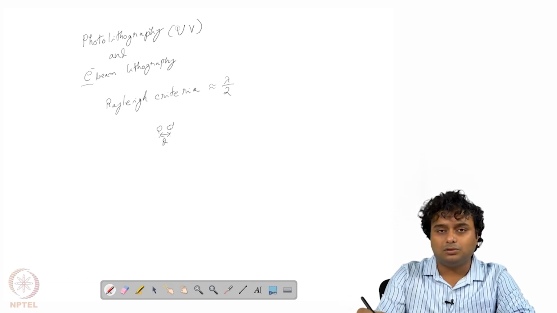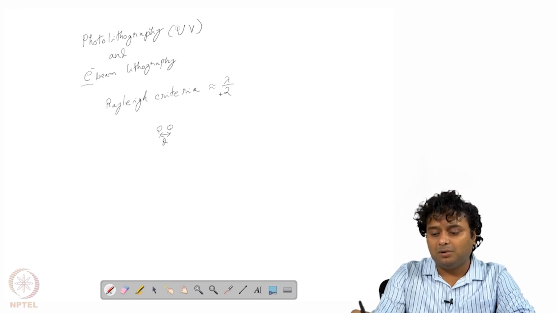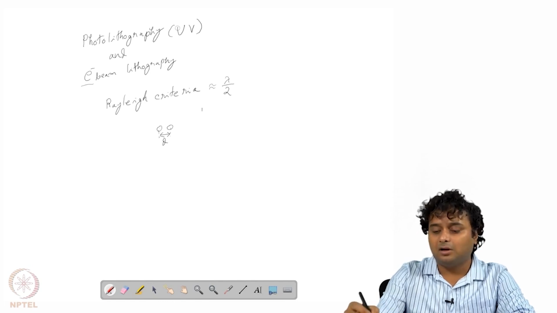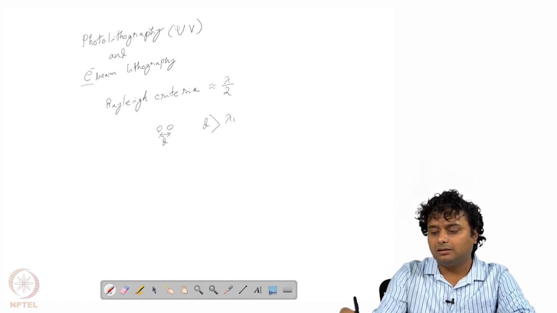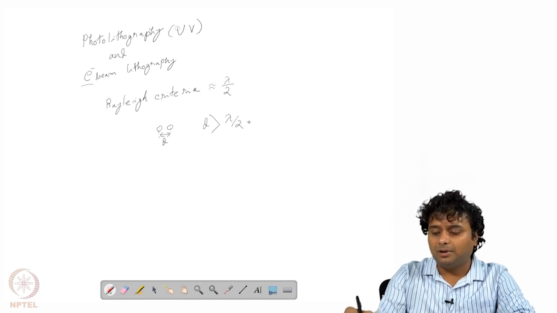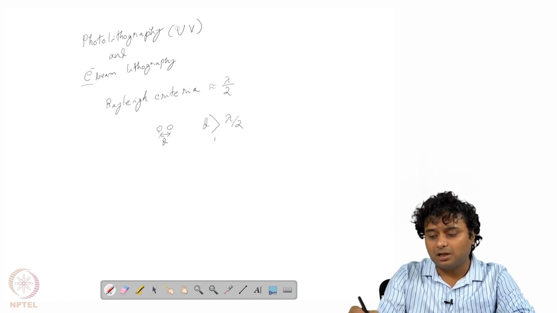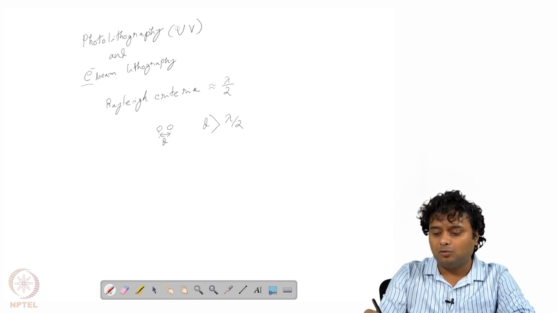then if we use a visible light of wavelength lambda, we can see these two particles as separate only if this d is greater than lambda by 2. If the d is smaller than lambda by 2, then we will see almost a merged image, something like this. So, we cannot resolve two particles separately.